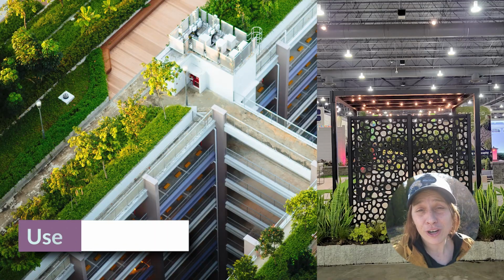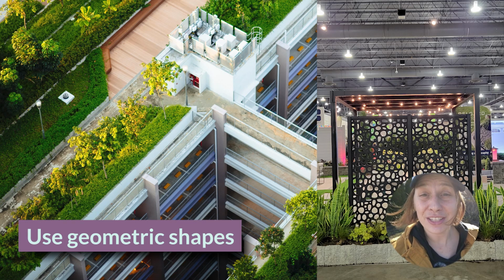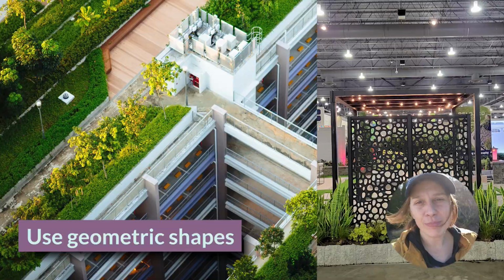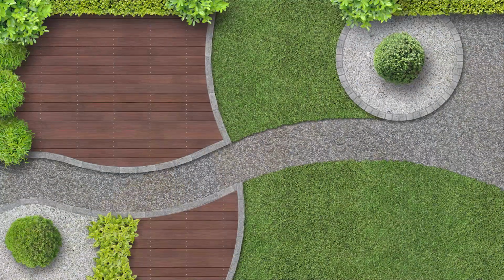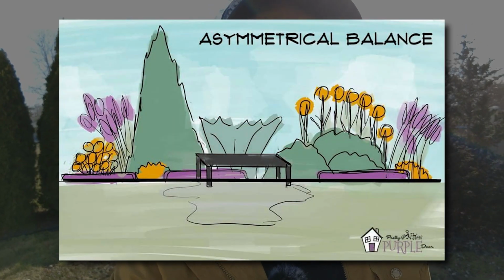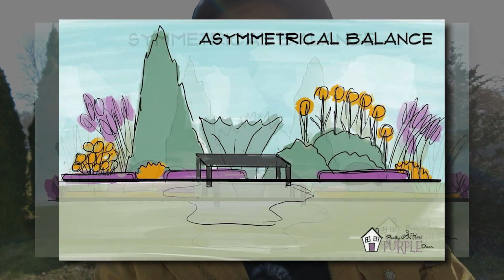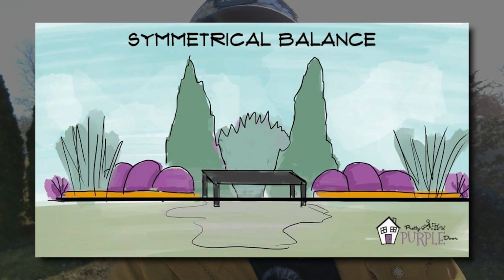Another tip I have for achieving a modern garden style is to use geometric shapes and forms throughout. I think a lot of people believe that a modern garden can't have curves, but it's far from the truth. It can have curves, and the design of the pavers and the walkways and things like that can be very asymmetrical. You don't have to go with that straight symmetrical one thing on one side equals one thing on the other.